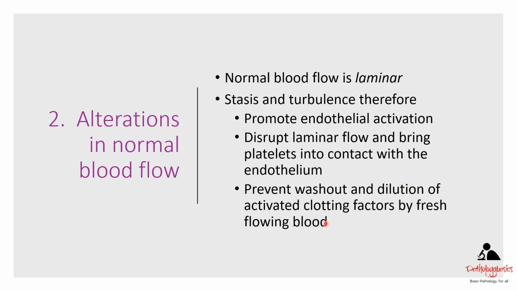As a result, it leads to an increased thrombotic tendency, right? So when the blood flow is not laminar, it will cause increased thrombosis, and even after the requirement of the clot is over, still the washout and dilution of clotting factors will be prevented by this stasis or turbulence.